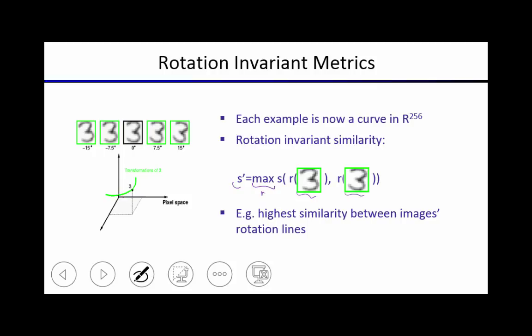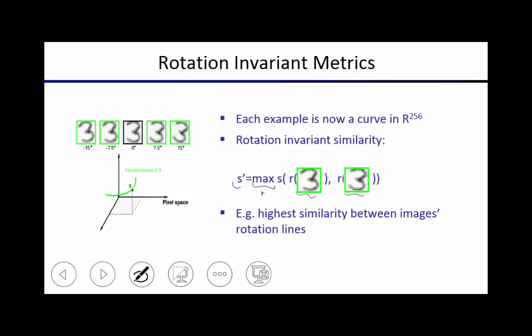You see how much you allow for, let's say, maybe 15 degrees of rotation. Within 15 degrees of rotation in each direction, you see how close you can get them. Whatever is the most similar you can get these two inputs to be, that's going to be your similarity metric, and now you're invariant to rotations up to 15 degrees.